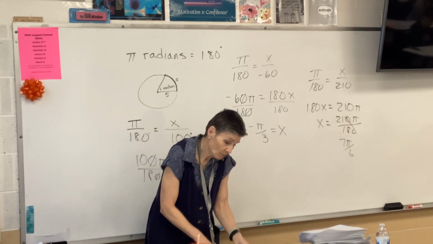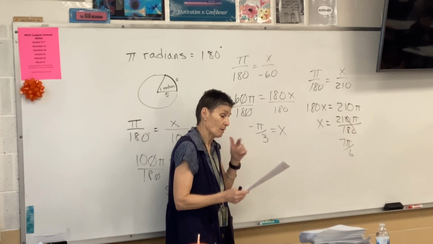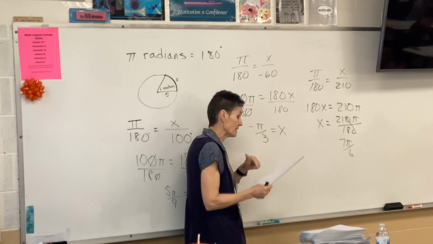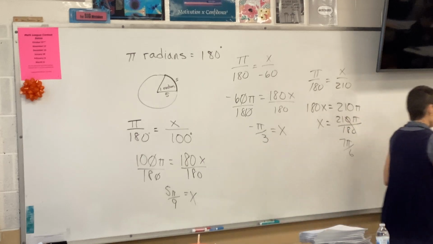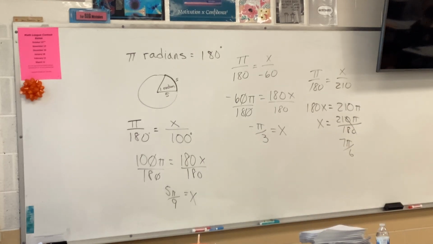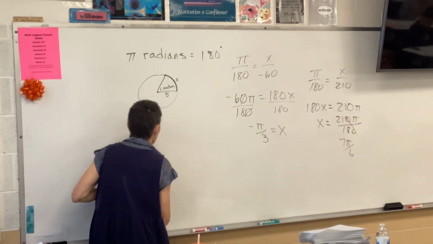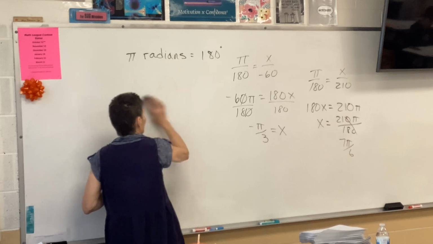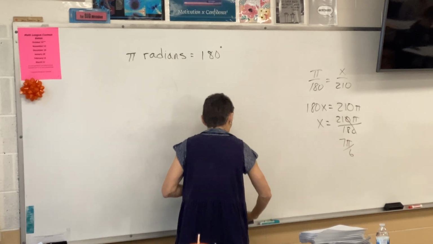Now we're going to go the other way. We're going to change from radians into degrees. Now this can be a little easier because we know that pi is 180 degrees, pi radians.